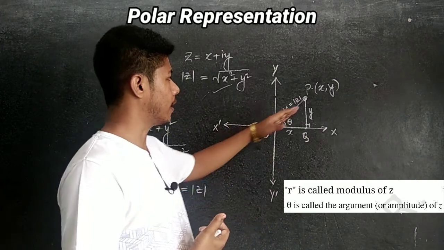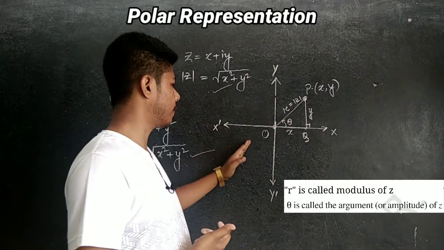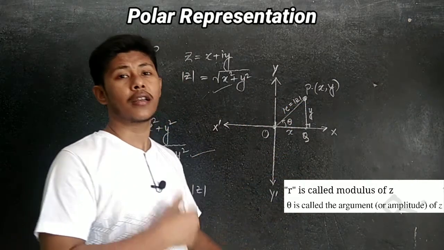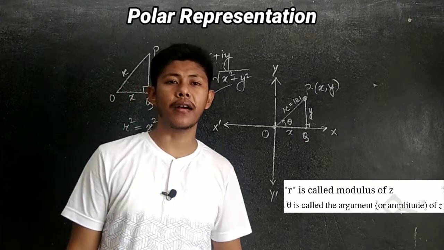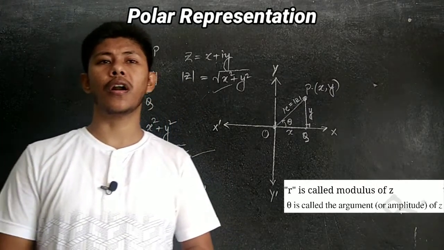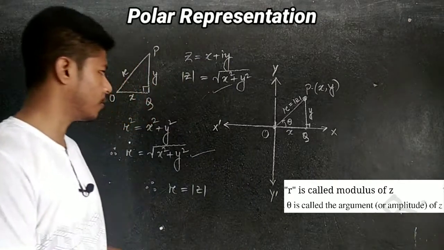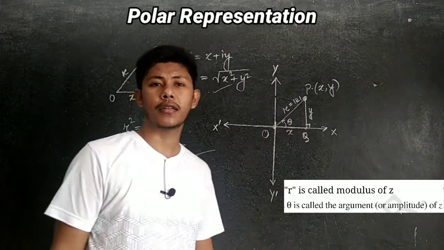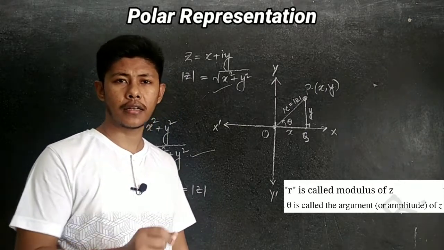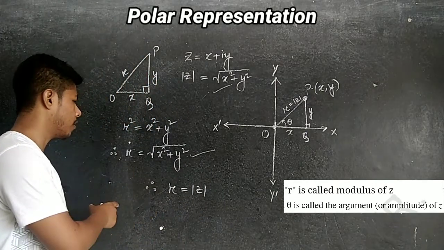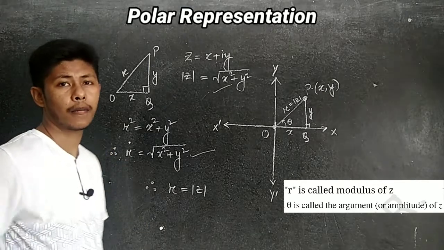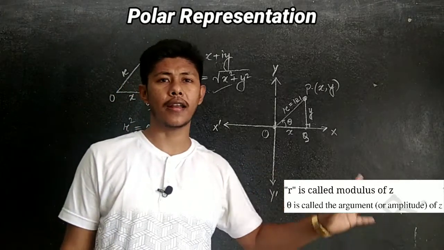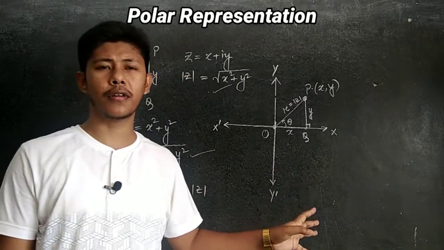If an angle lies in this place, how can we identify the amplitude or argument? If anyone asks you to find out the amplitude or argument, that means we have to find out the value of theta. Or if anyone asks you to find out the modulus, then we have to find out r. These two are amplitude and modulus. I think all of you understood this one. Okay.